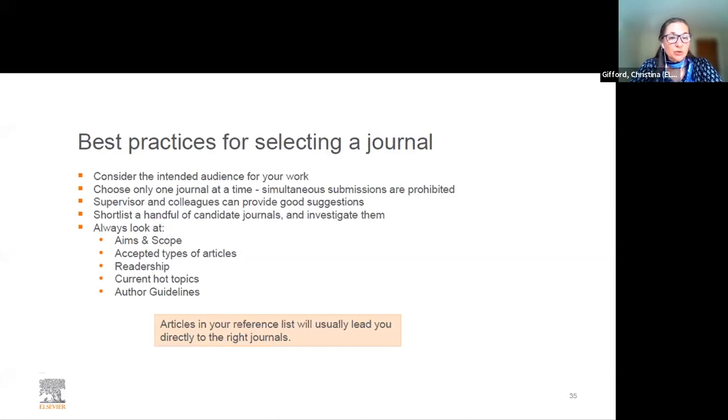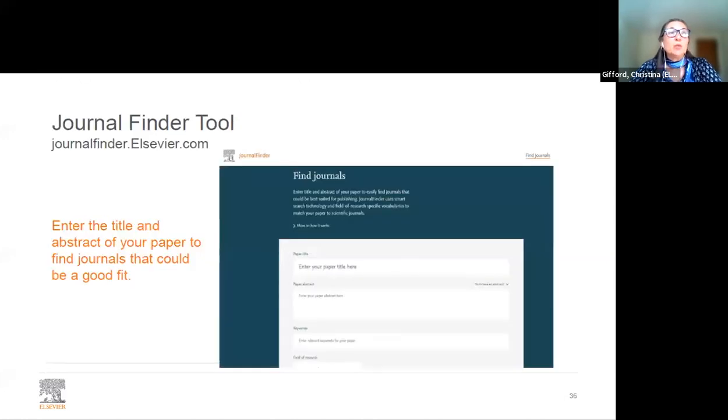Once you have that short list, you really want to dig down deeper into that journal, understand the accepted types of articles, readership, current hot topics, and look at the author guidelines, which will give you tips on that journal. We also have a Journal Finder tool.